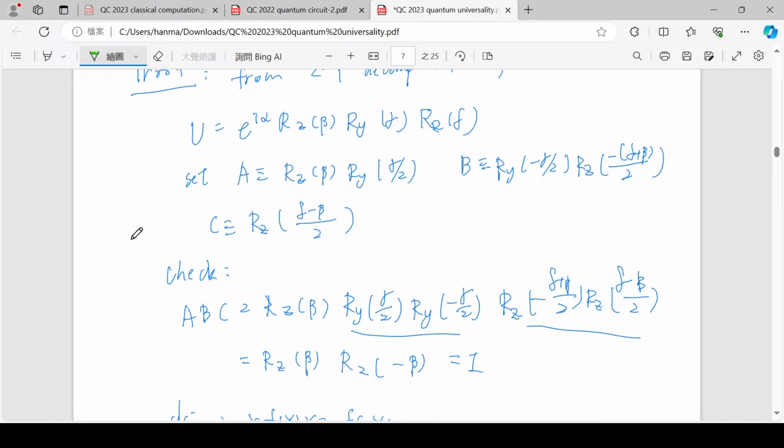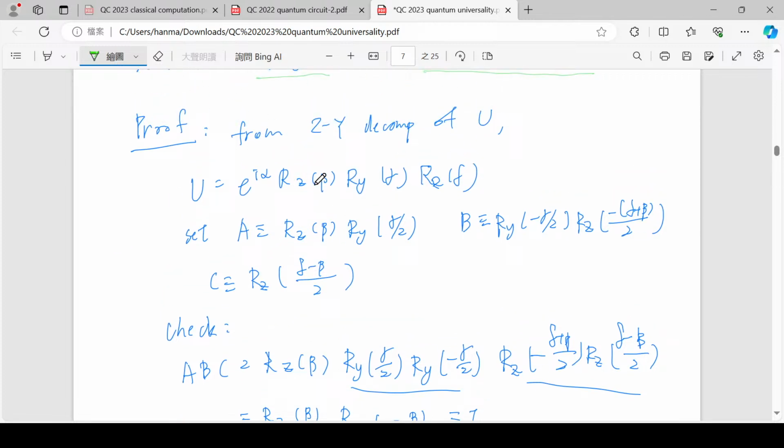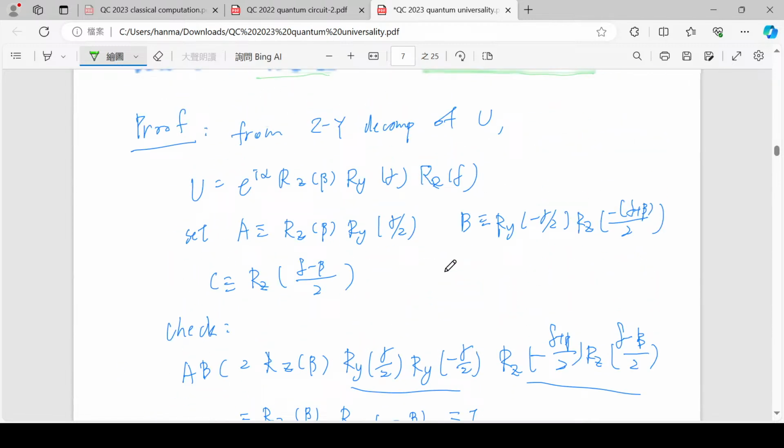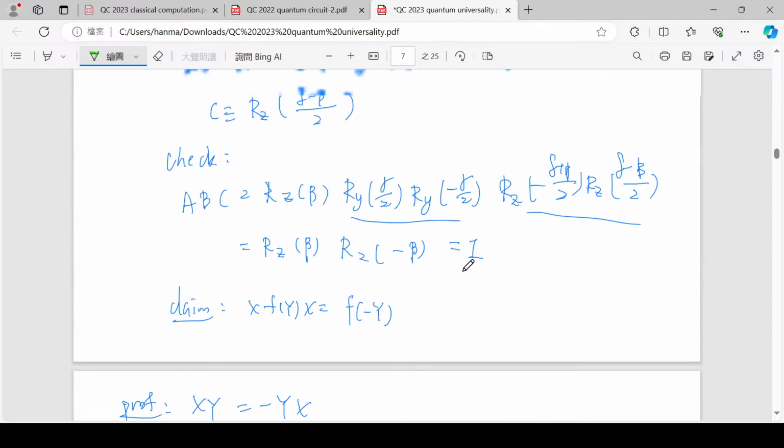Okay, so A is this RZ beta and half of this RY. And B is the negative of half of this RY, and RZ of, it's really funny, RZ of minus delta plus beta over 2. And C is RZ of delta minus beta over 2. Okay, and so we just need to check why this works.